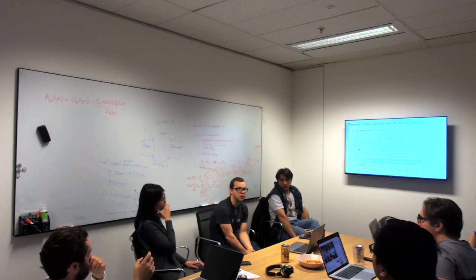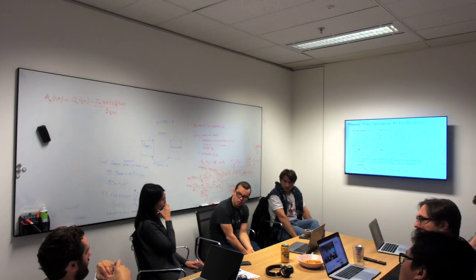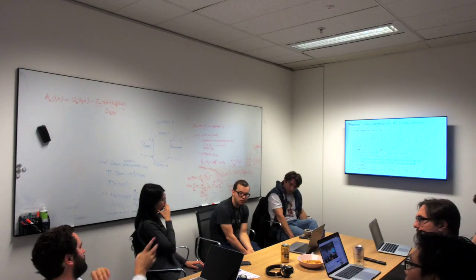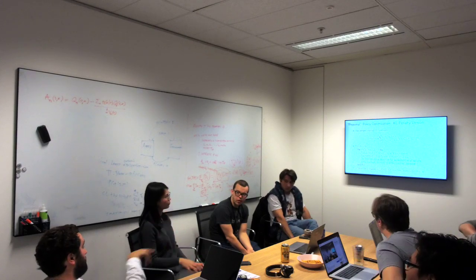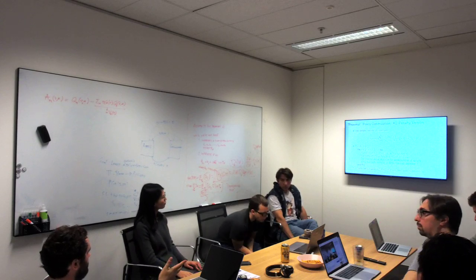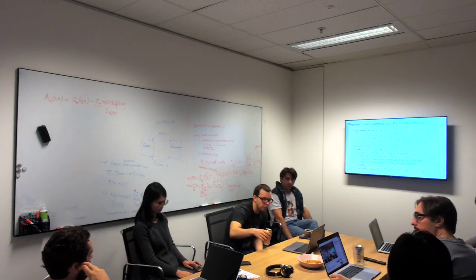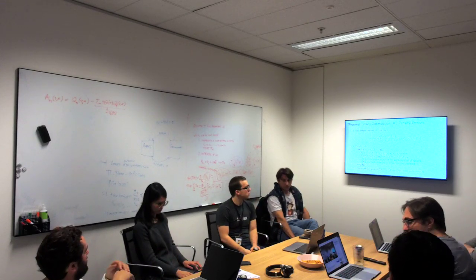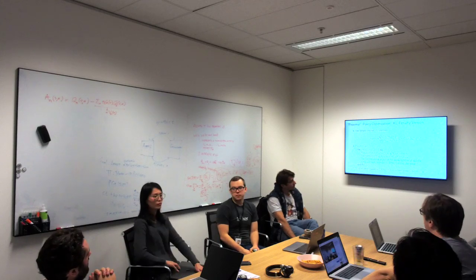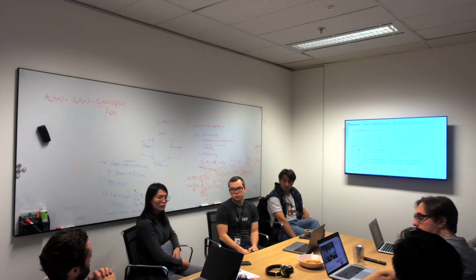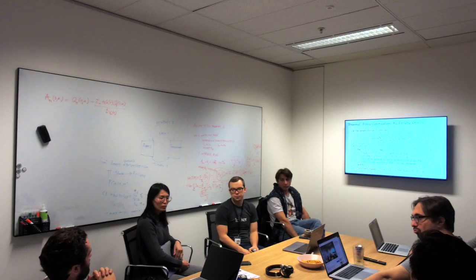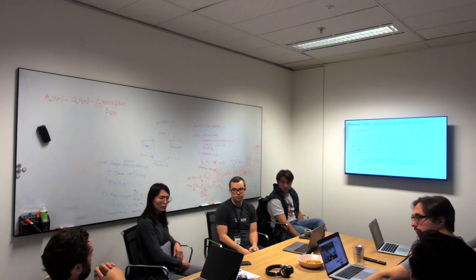So this basically tells you the observations that I'm getting I can trust. That's what the KL divergence regularization is for, and then the entropy bonus is just to make sure that the policy keeps exploring.